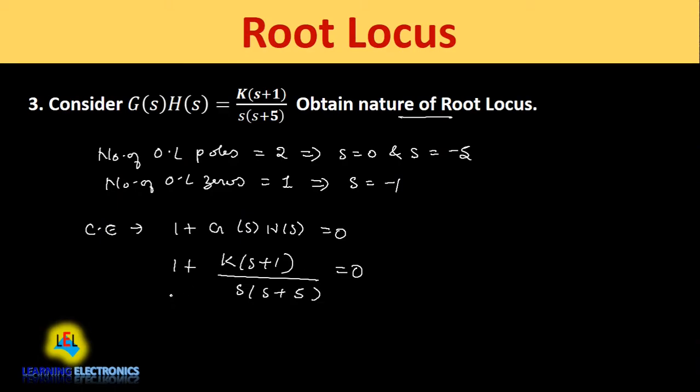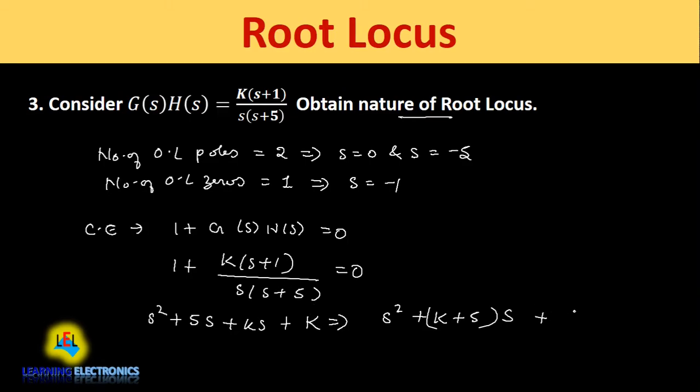When we solve this, we get s square plus 5s plus ks plus k. So our final characteristic equation will be s square plus k plus 5 into s plus k.